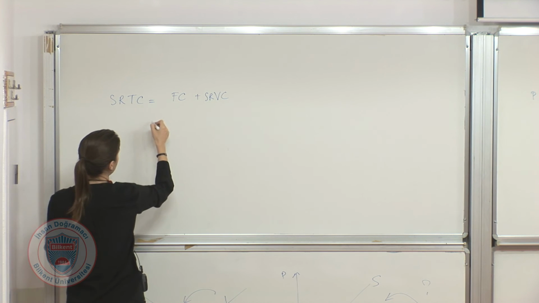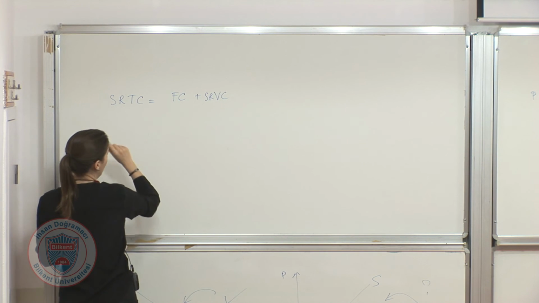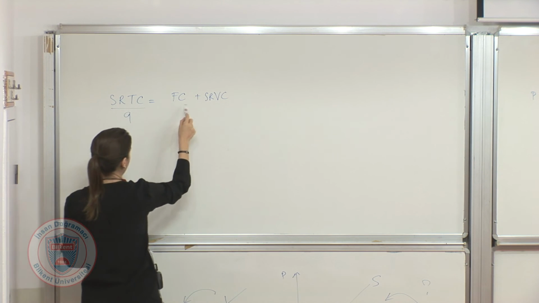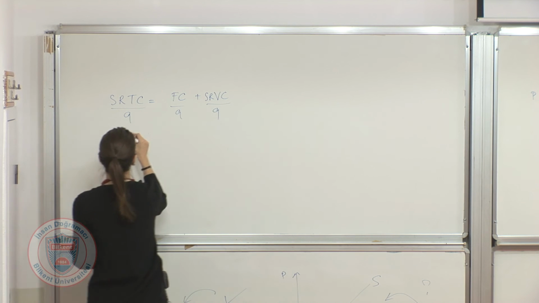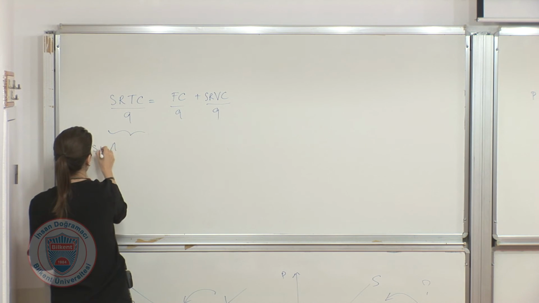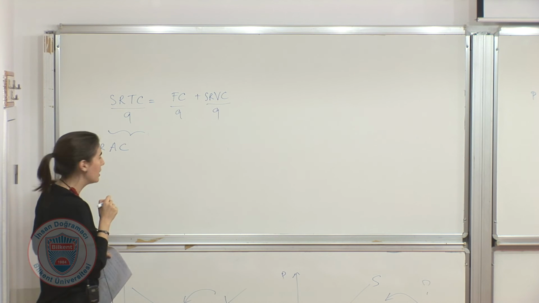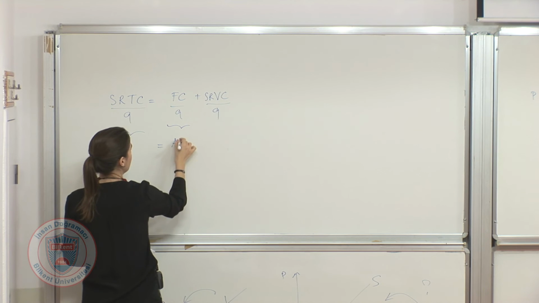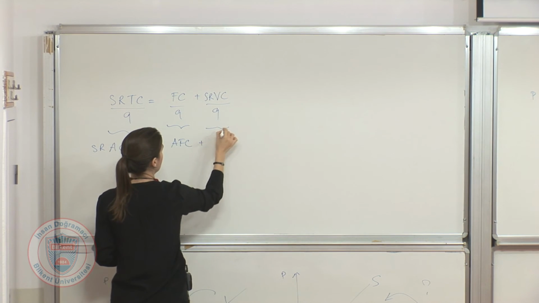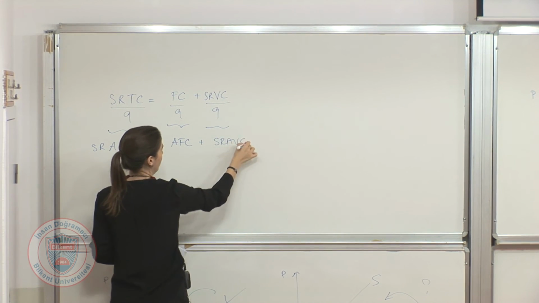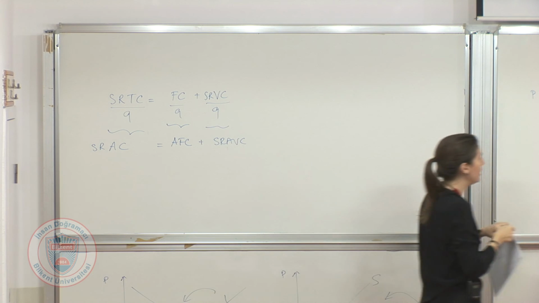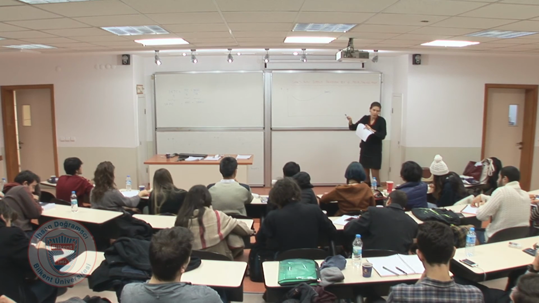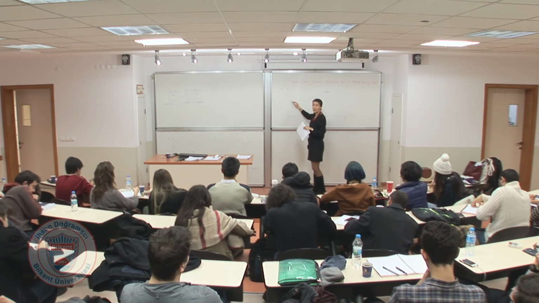So basically, the short run average variable cost is when you divide these guys by Q. So we call this short run average cost. This is going to be called short run average fixed cost, and this is going to be called short run average variable cost, okay? So therefore, if this is short run average cost, short run average variable cost should be below, right? But when I draw it, how shall I draw it?